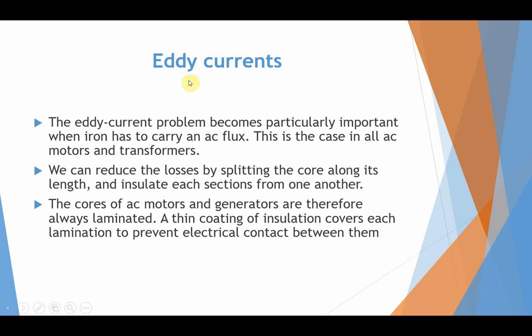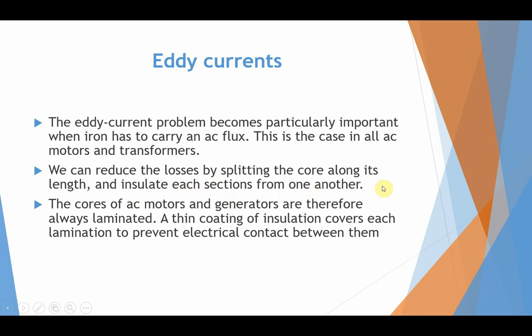The second is another loss in the machine, which we are going to study also, that is eddy current losses. The eddy current problem becomes particularly important when iron has to carry an AC flux. This is the case in all AC motors and transformers. We can reduce the losses by splitting the core along its length and insulating each section from one another.